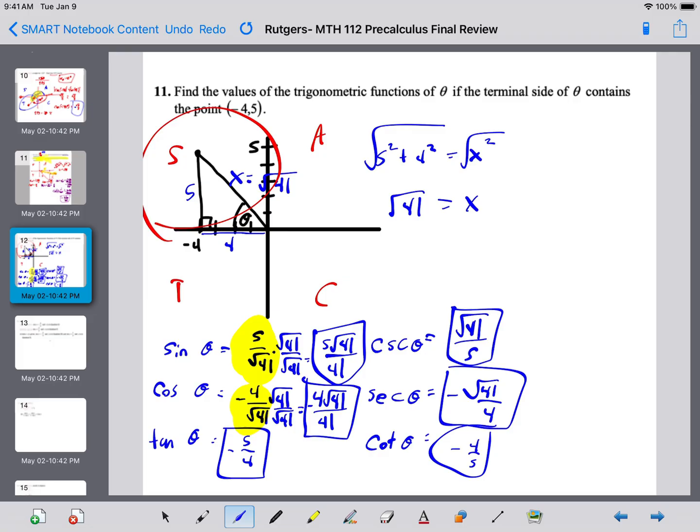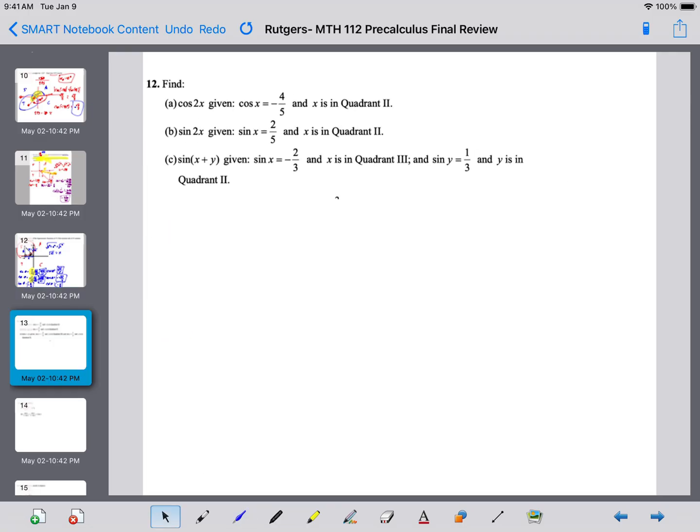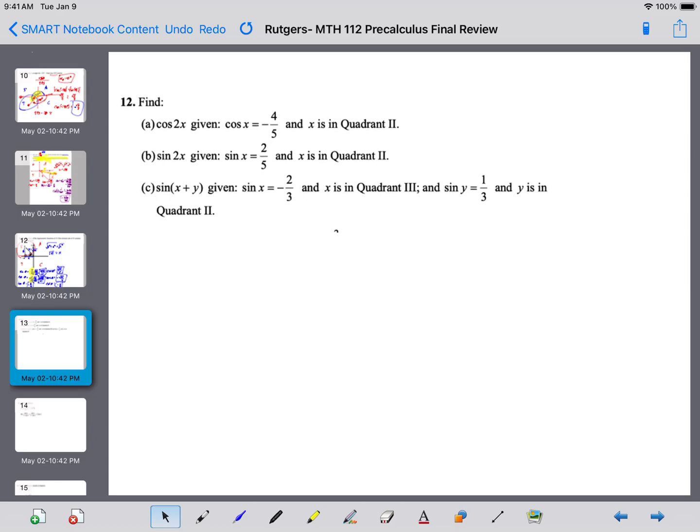Okay. Question 12. It says, find cosine of the double angle given cosine of x equals -4/5. Your double angle formula for cosine is cosine of 2x equals cosine squared x minus sine squared x.